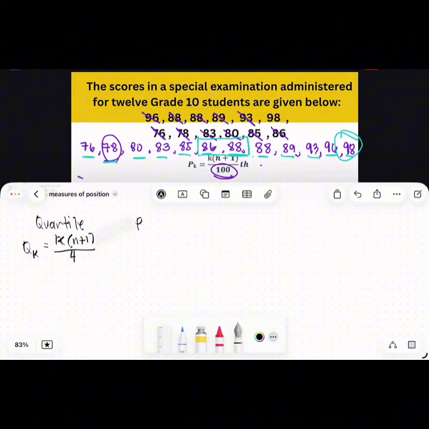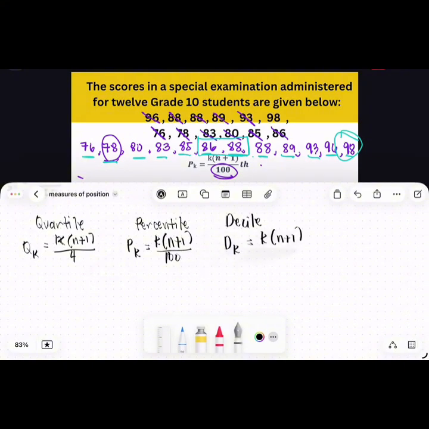For percentile, we use P sub K is equal to K times N plus 1 all over 100, because it is percentile. Then for decile, we have D, which is decile, sub K is equal to K times N plus 1 all over 10, because decile is divided into 10 equal parts.